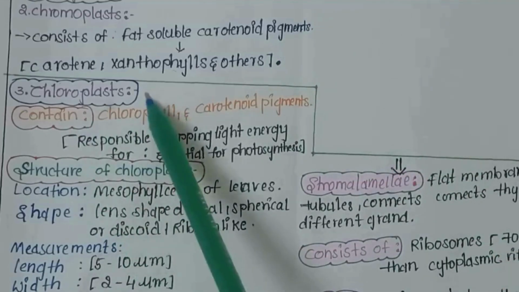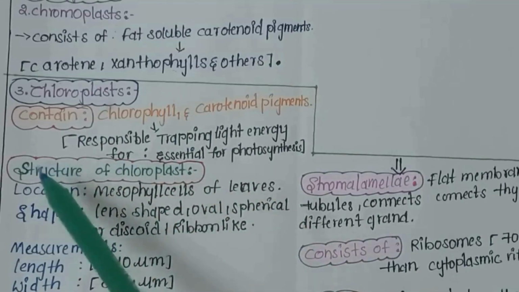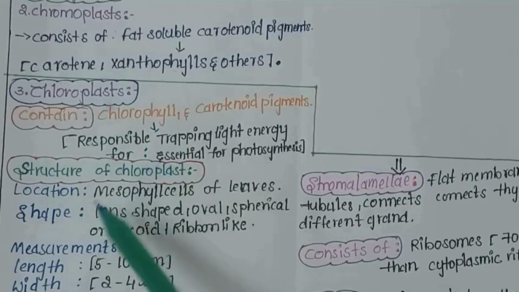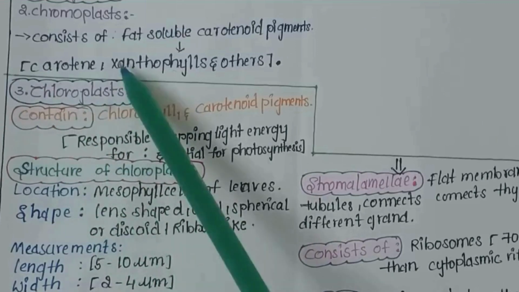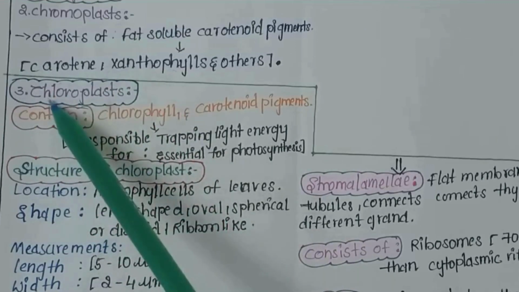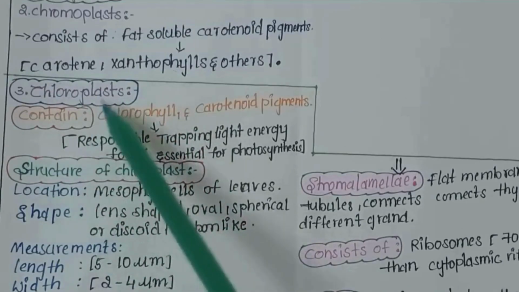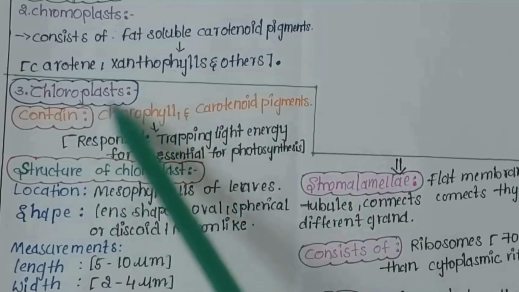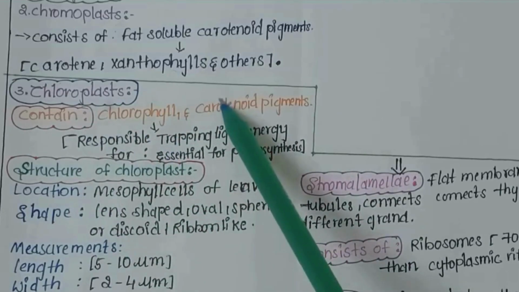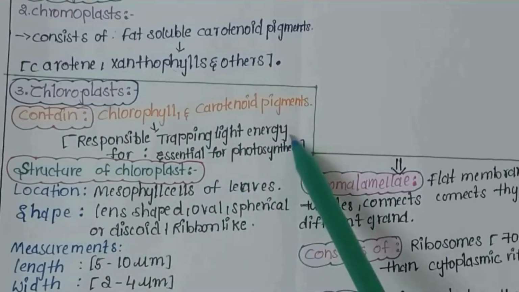Coming to the chloroplast, these are lens-shaped, oval, spherical or ribbon-like structures which are present in the mesophyll cells of the leaves. These are greenish plastids which are present in green cells of the leaves. These contain chlorophyll and carotenoid pigments which are responsible for trapping light energy, which is essential for performing photosynthesis.